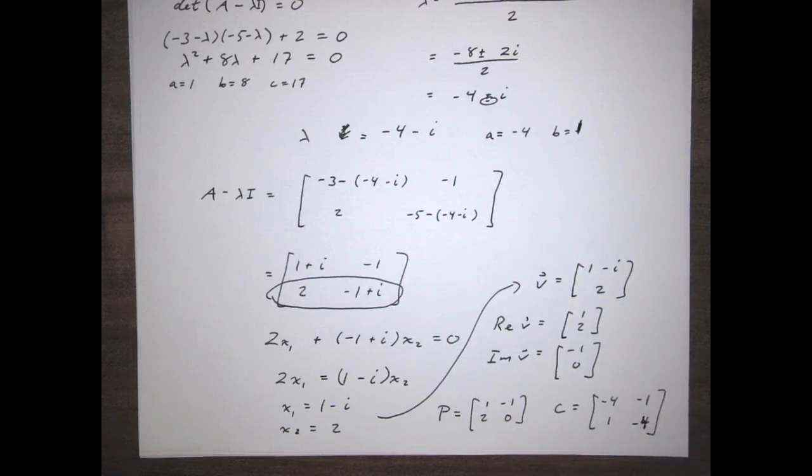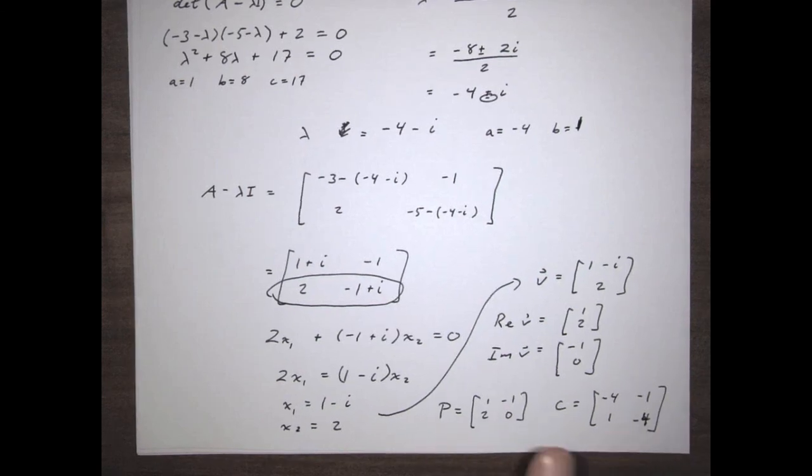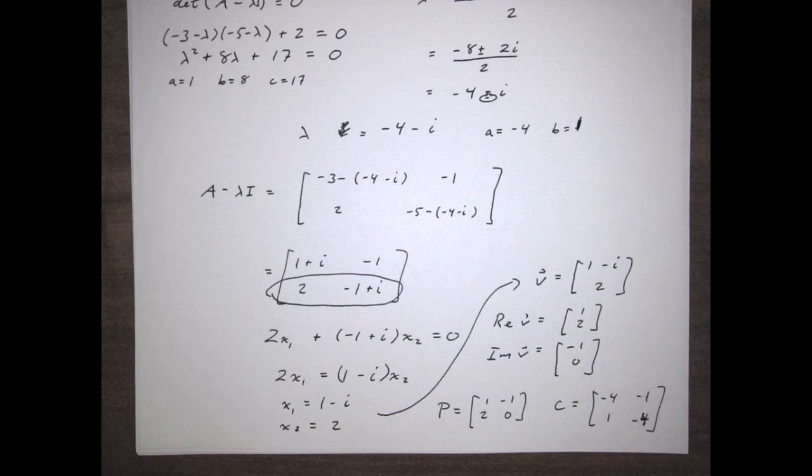And there we have it. Alright, so what this means then is that A could be rewritten as this times this times this inverse. And that's the closest thing in the case of complex eigenvalues we can have to a diagonalization.